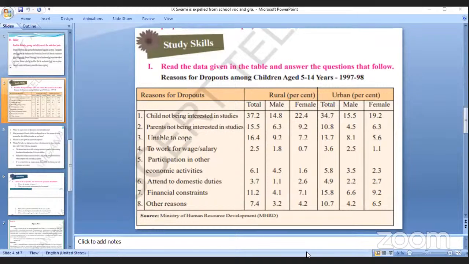Okay, completed reading. So we will go ahead with the question and answer session.